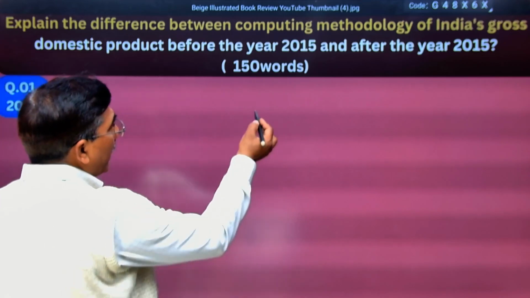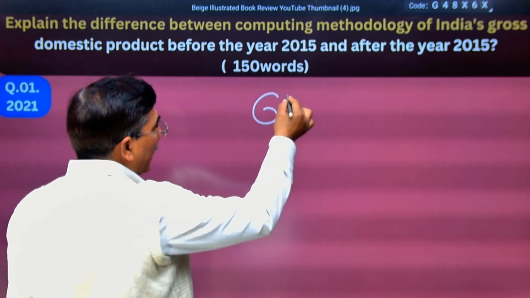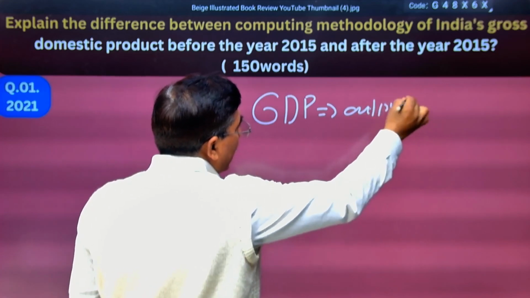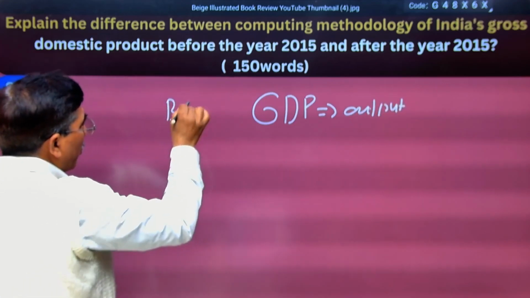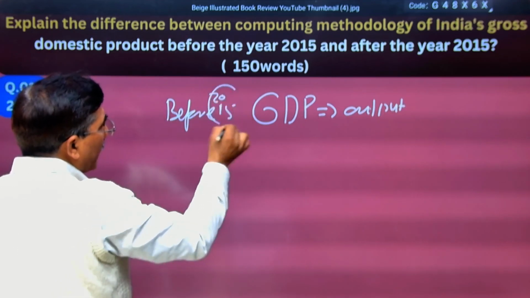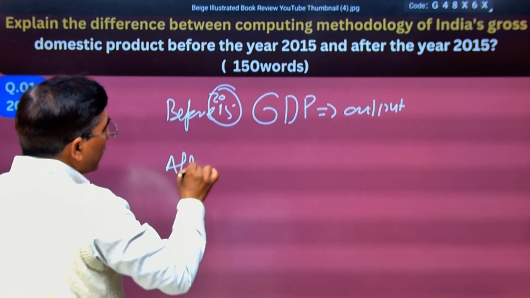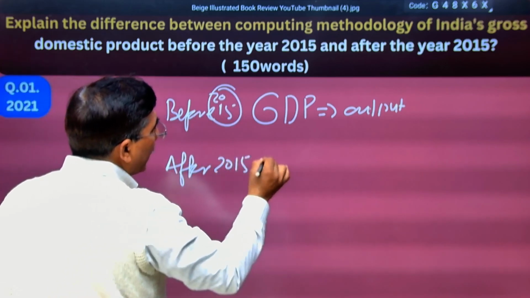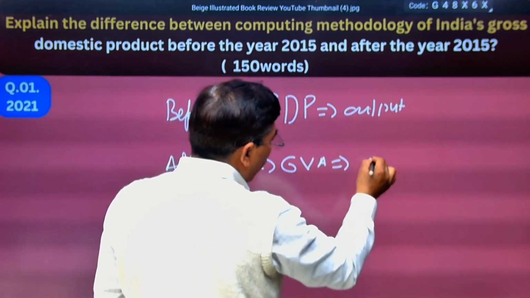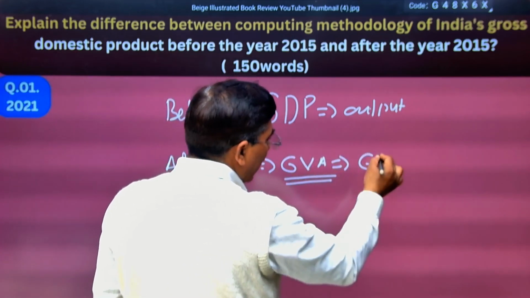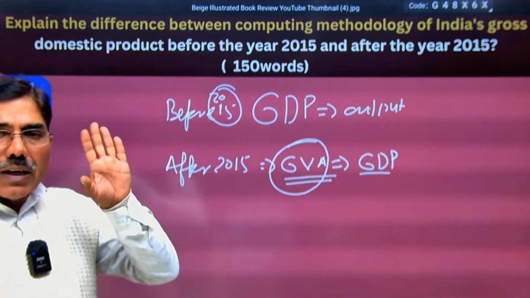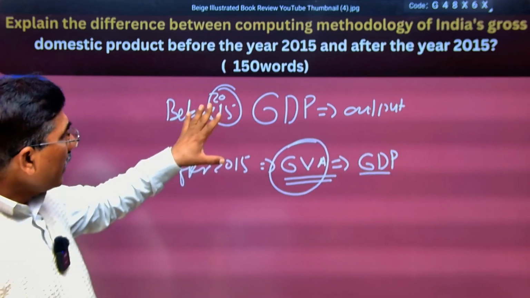Before 2015 we were calculating the GDP by the output method, and after 2015 we are calculating GVA by the gross value added method. Now what are the three major differences in this method?